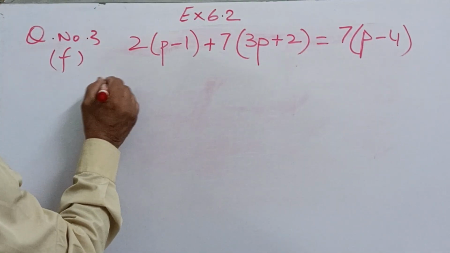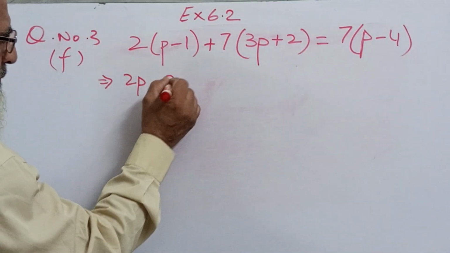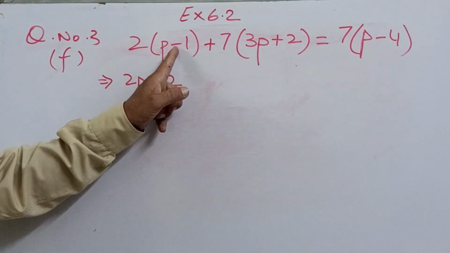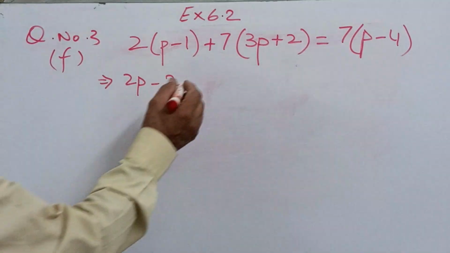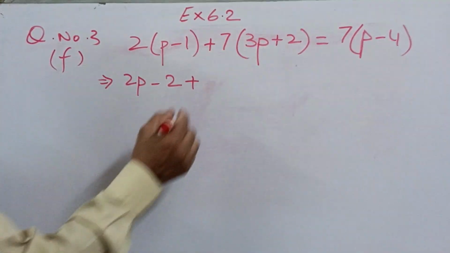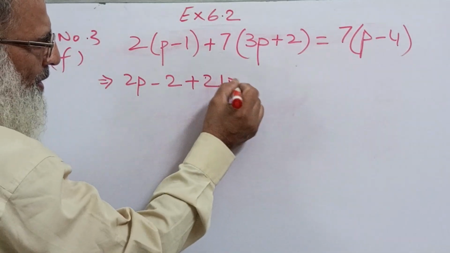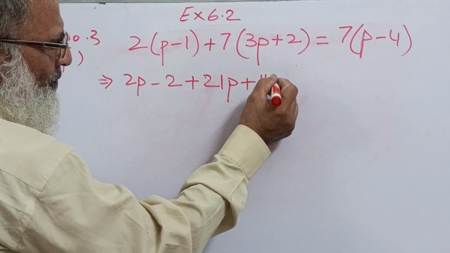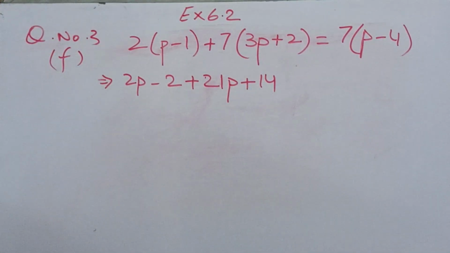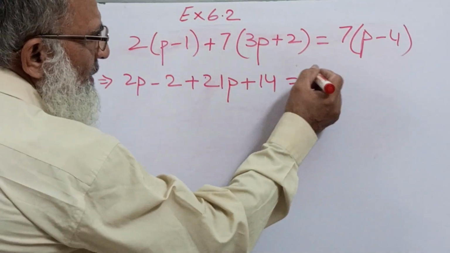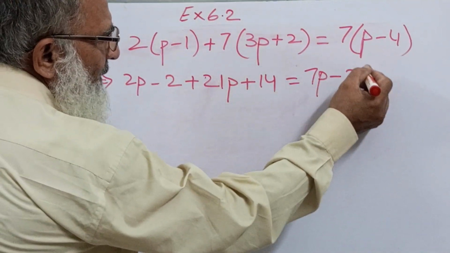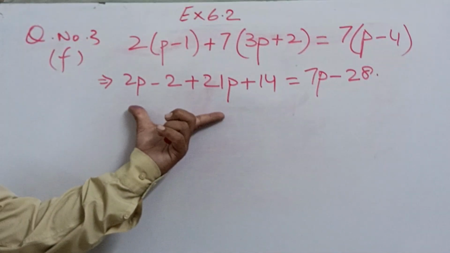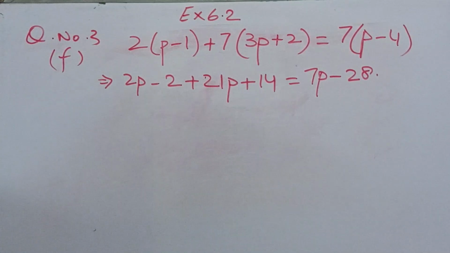Now it will become 2p minus 2, 2 times 1 with minus sign, plus 7 times 3 is 21p, plus 7 times 2 is 14. Similarly here, 7p minus 28, 7 times 4 is 28. Now you can solve it.